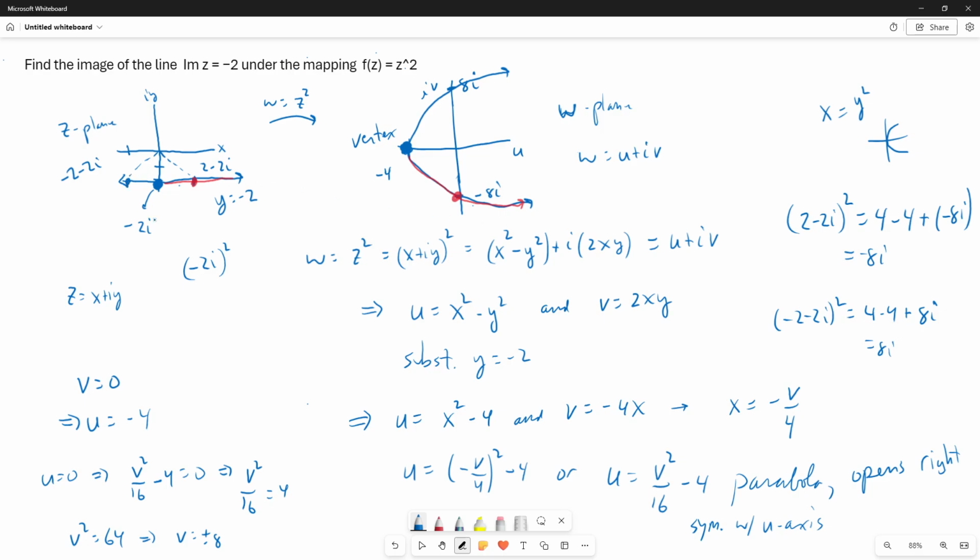So this point here, which we'll put in green, this point, negative 2 minus 2i, will get mapped to 8i. So this half of the ray will get mapped to the upper half of the parabola. So the image of the line, y equals negative 2, under the squaring mapping, is a parabola.